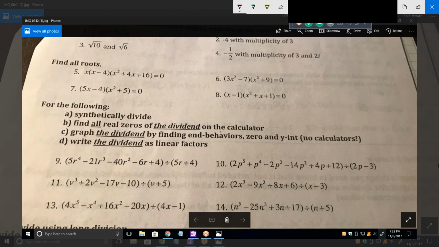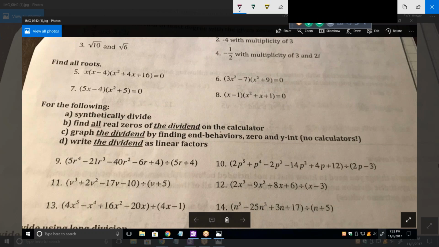Right. The rational factor theorem says that if there is a rational zero, not an irrational, but a rational one, then its numerator has to be a factor of the constant, and its denominator has to be a factor of the leading coefficient, which in this case is 1.